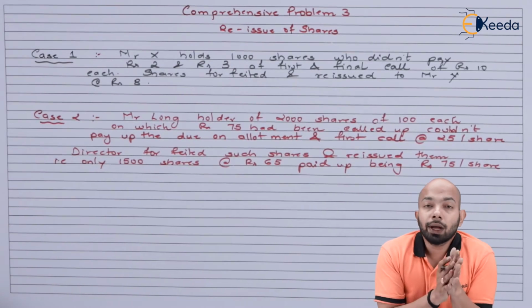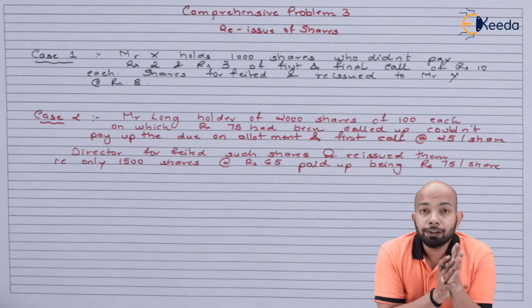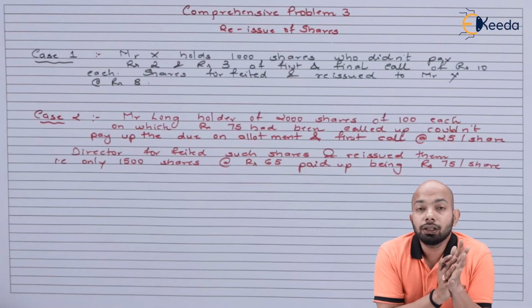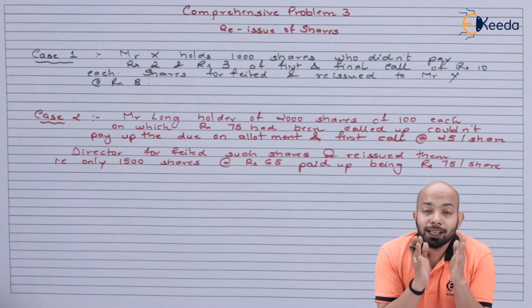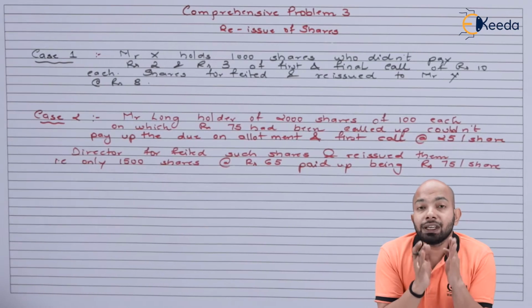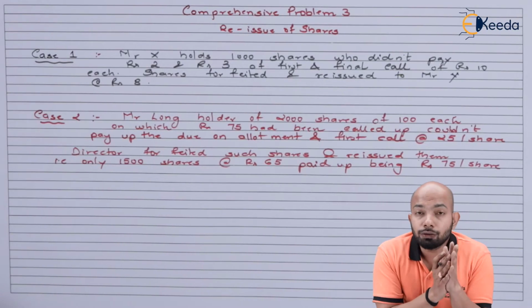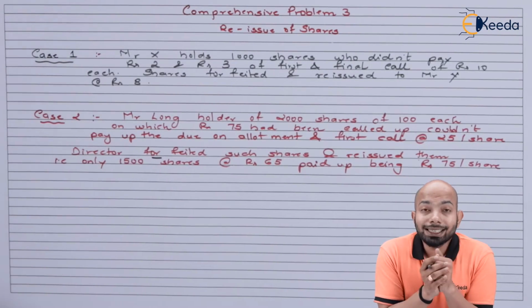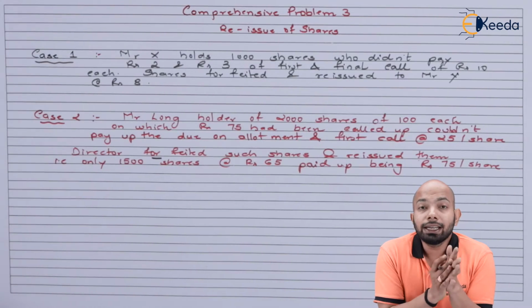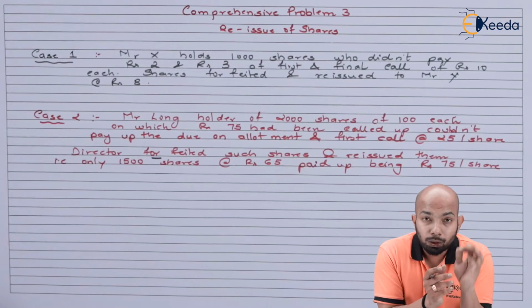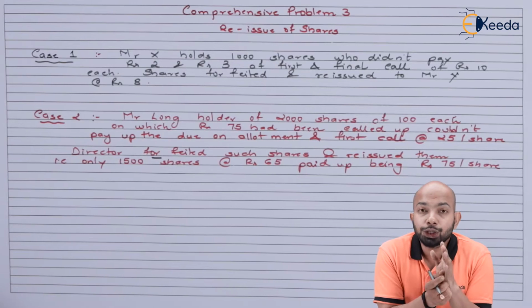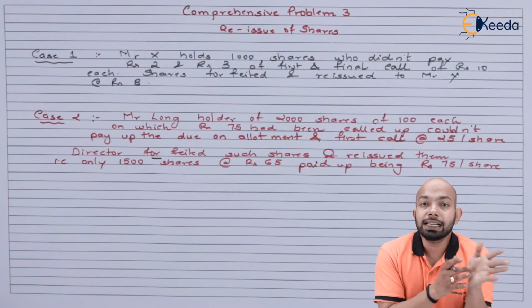The total called up value was somewhere around 75 rupees as it has been mentioned in the question. The directors went ahead and forfeited these shares and then reissued 1500 shares out of the 2000 forfeited shares to Mr. X at rupees 65 per share, the paid up value being 75.